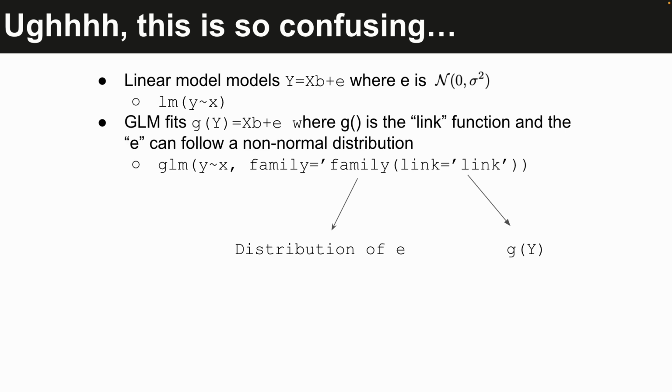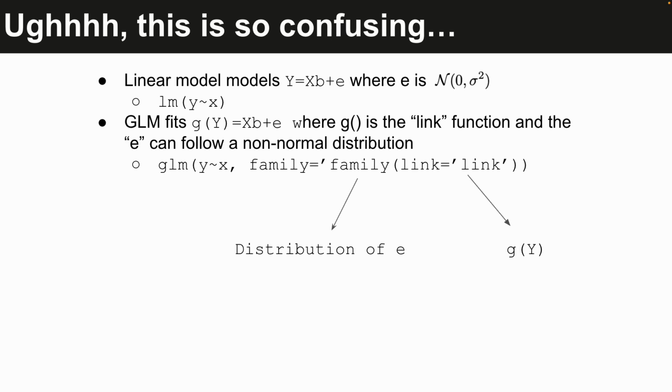In GLM, we fit g of y equal to x beta plus E. G is the link function that I showed you, and this allows y to have any distribution. While the linear model forces it to only have a normal distribution, this y can have any non-normal distribution, including normal distribution, of course.